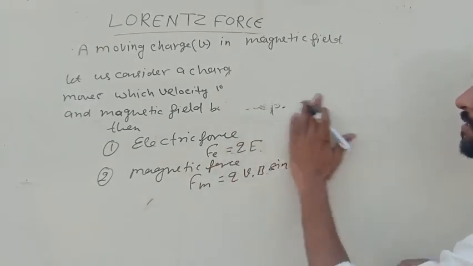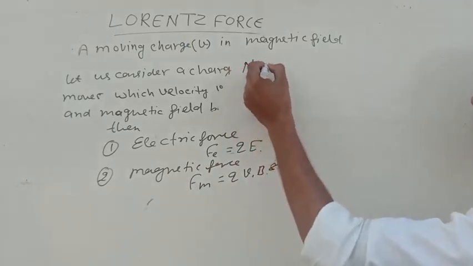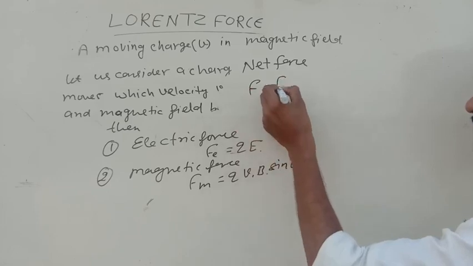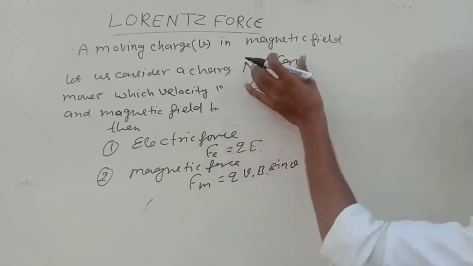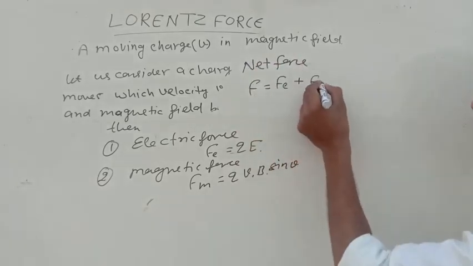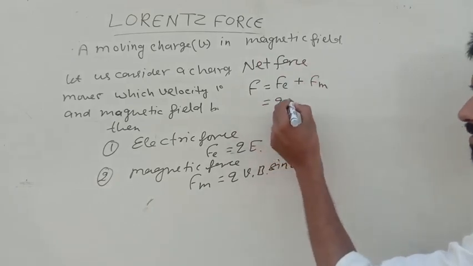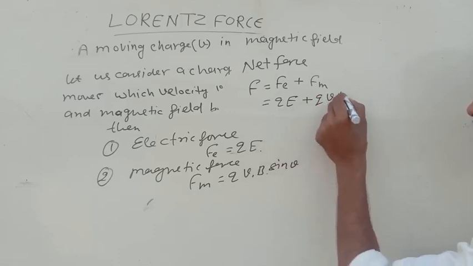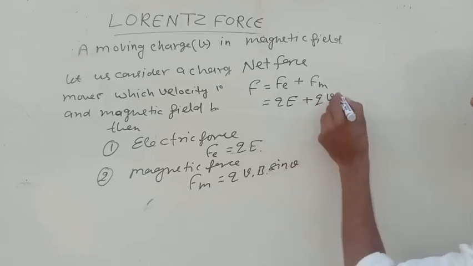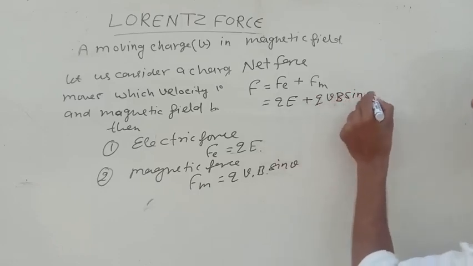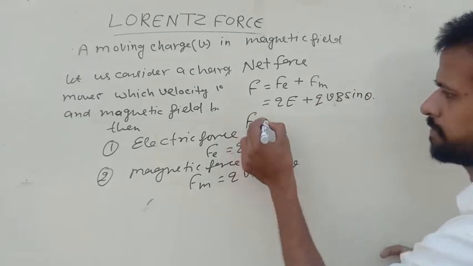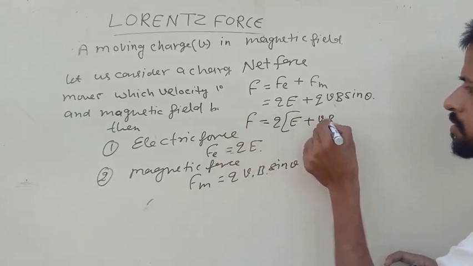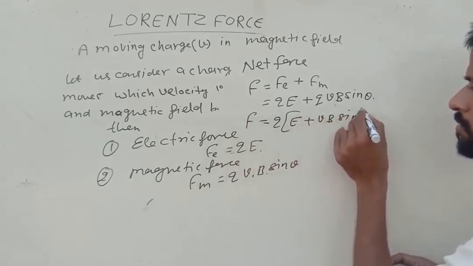So the net force on the charged particle is the electric force plus the magnetic force, which is qE plus qvB sin theta. So F is equal to q times E plus vB sin theta.